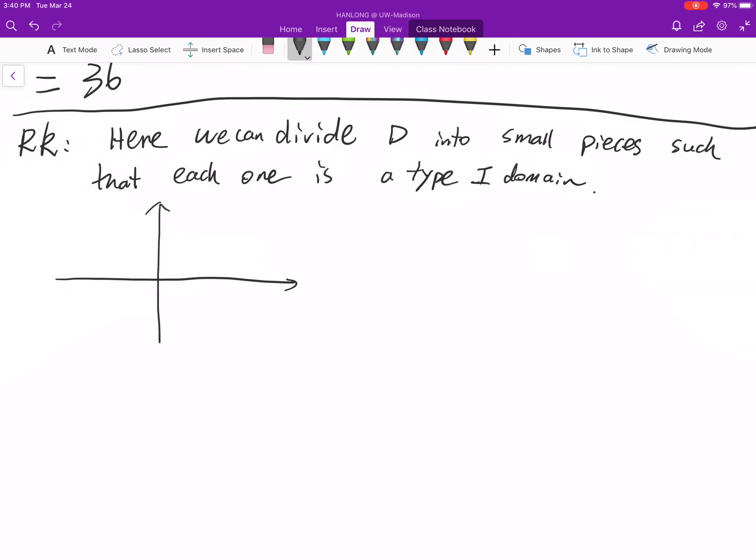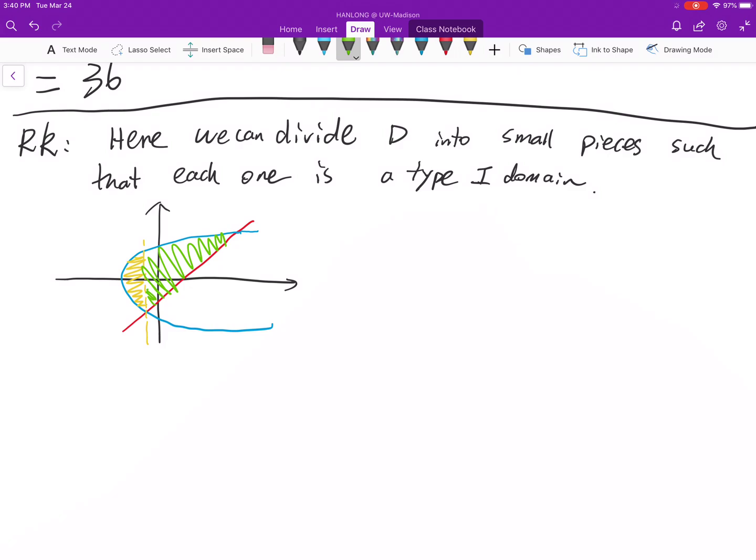So for example, for the same region, you might cut in the following way. You cut like this, so this part is a type 1 domain. And also, let me use another. This part is another type 1 domain.